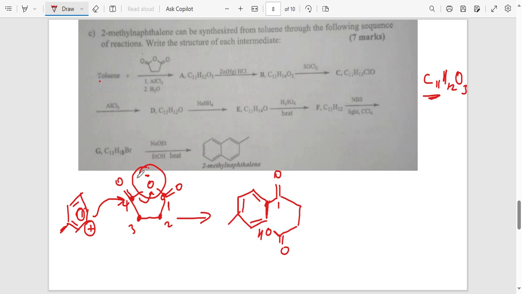This oxygen, which has a negative charge, will act just like the previous mechanism that we talked about to grab the hydrogen, and then the bond breaks to form back your double bond. That's how you end up with this product. Is that okay?